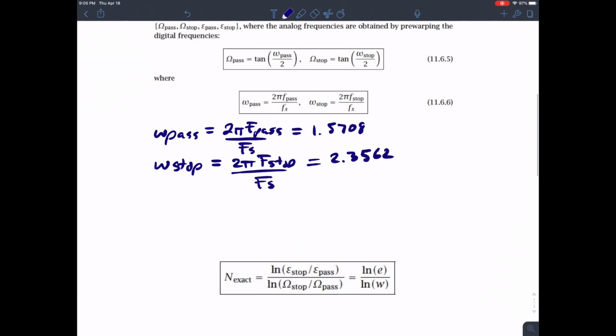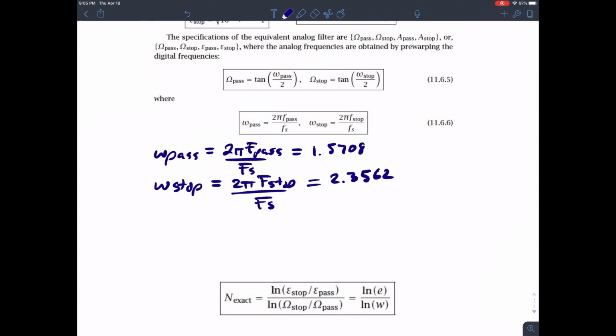From there, you need to calculate omega in the analog template domain. So omega pass, according to the formula, we pre-warp. You pre-warp because you're going to use the bilinear transformation, and that means taking the tangent of the omega pass that we calculated divided by 2.